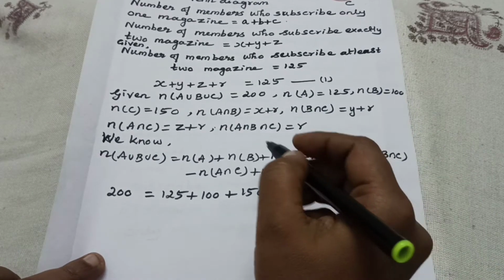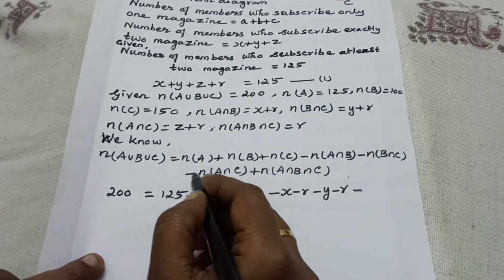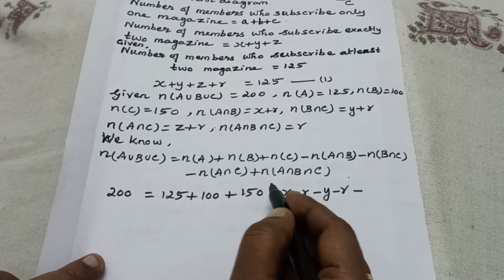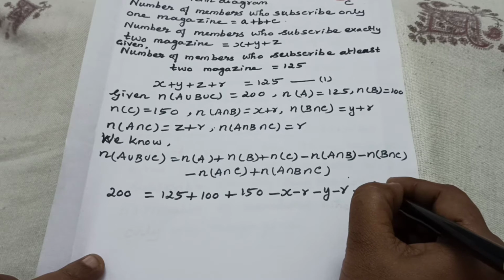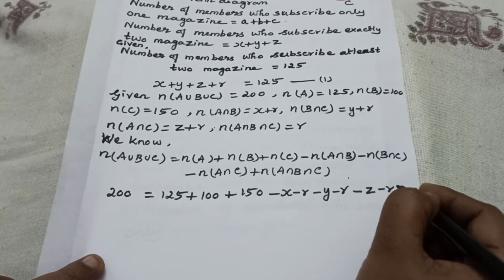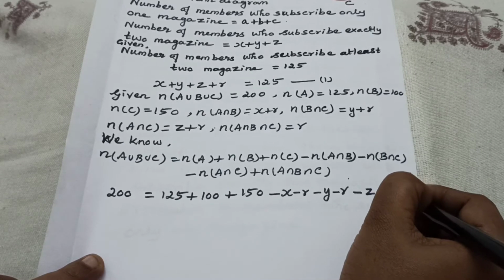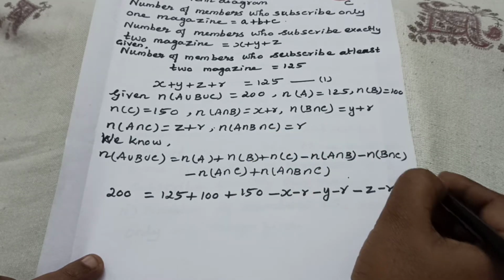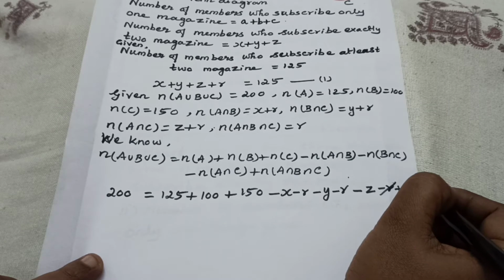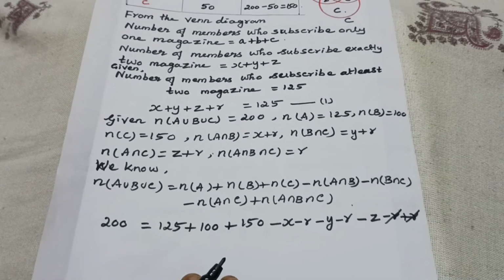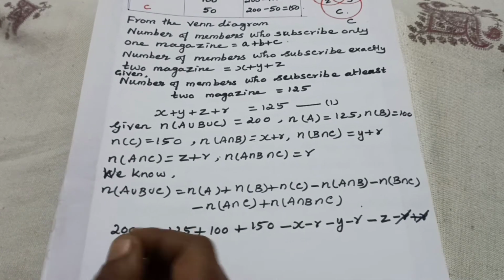Okay, then next one minus here n of A intersection C. That means minus of Z plus R. That means minus Z minus R. Then plus this R. Have you understood? This minus R, this plus R we can cancel. Okay, remaining is same.